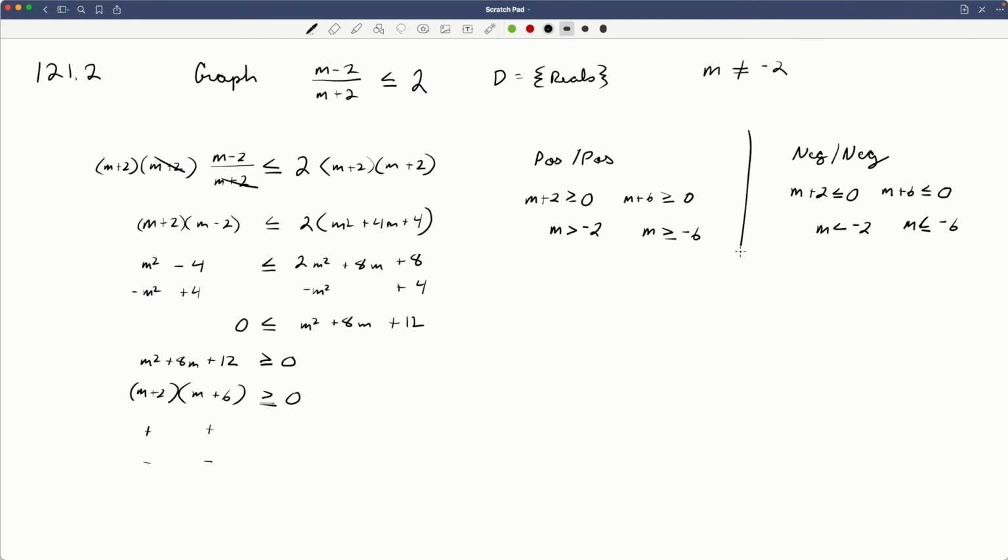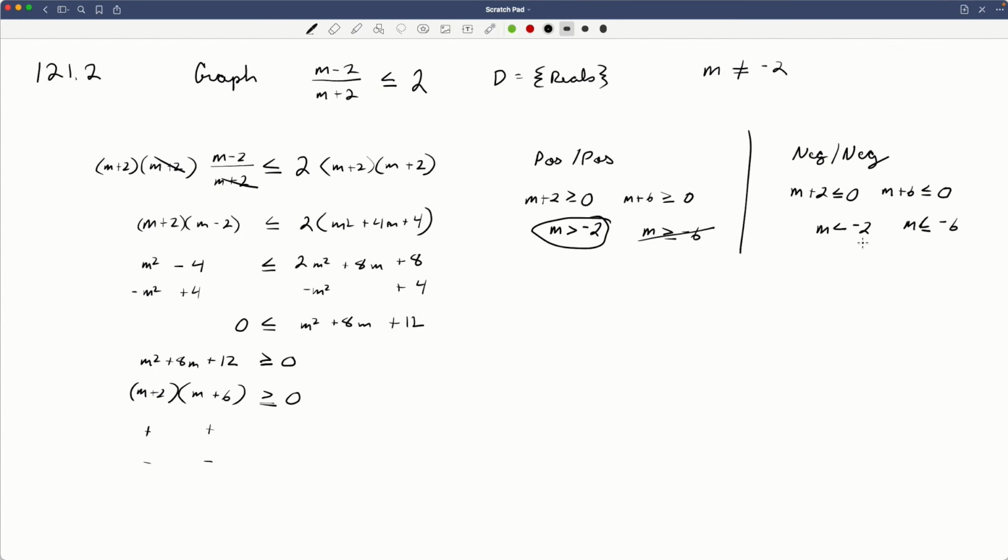All right, so now let's look at those as sets. Any number greater than negative 2 is certainly greater than negative 6, right? So we know that we can do this value here, and it would cancel out that value.